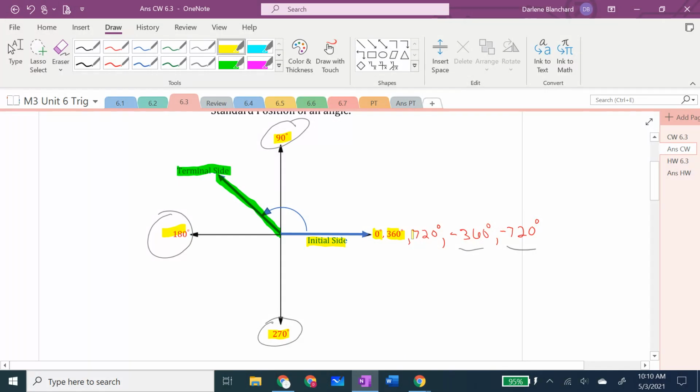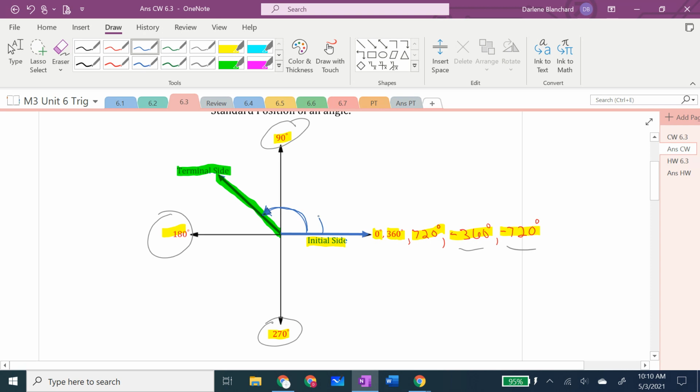And then I've got here, if you went around twice, if you went backward once, if you went backward twice. So every time you draw a terminal side and you stop it right there, if you don't draw the angle that expresses what rotation it took to get to there, it could be anything. With just the terminal side drawn here, it could be just the rotation in the positive direction less than 1 full rotation.